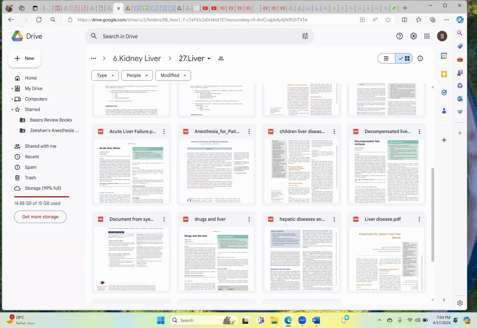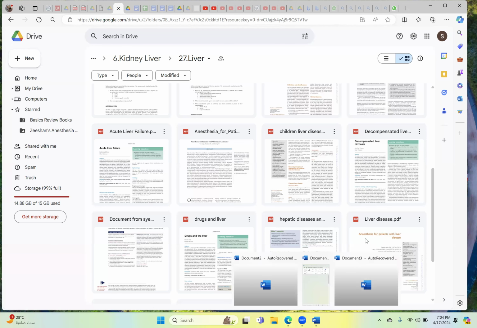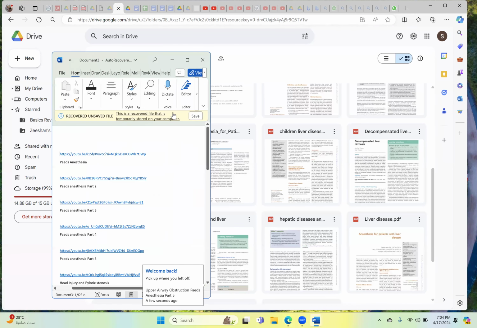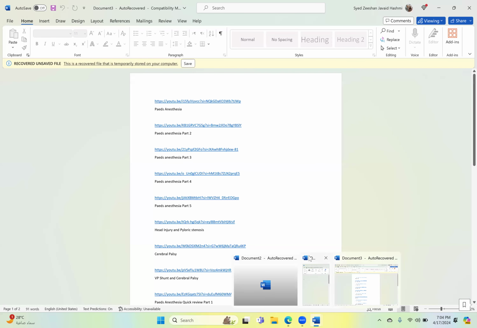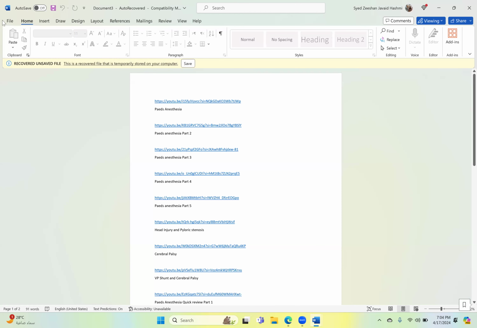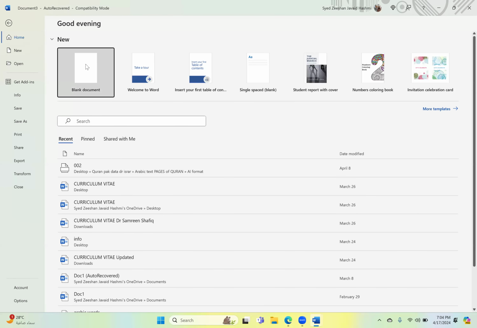Okay, so today we will have a quick review of liver. It's also one of the most important topics which is frequently asked in exams.